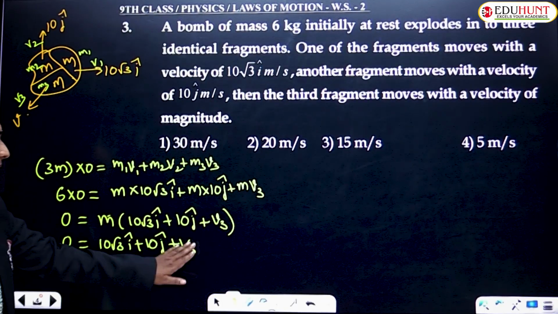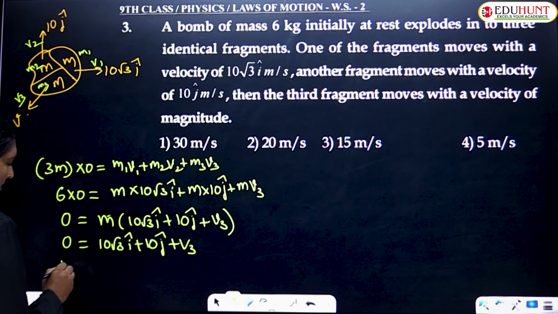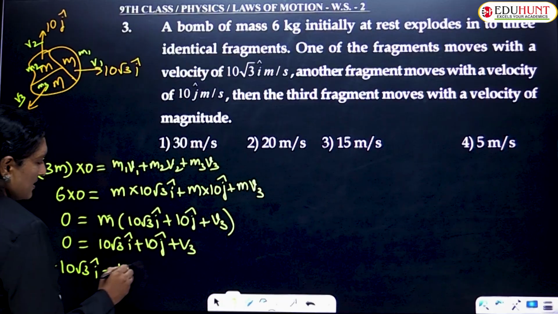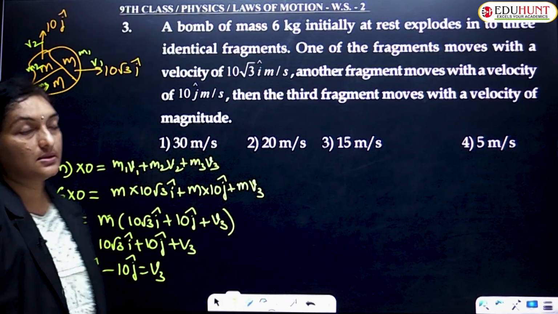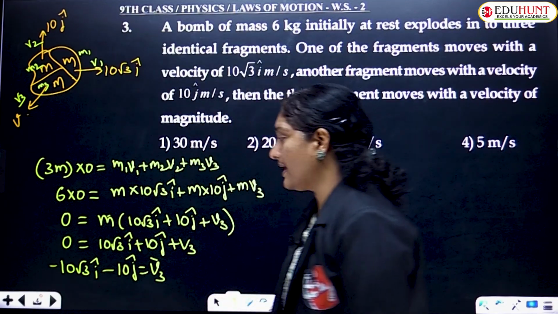Keeping V3 on one side and bringing these values to the left side, we have minus 10 root 3 I cap minus 10 j cap equals V3.